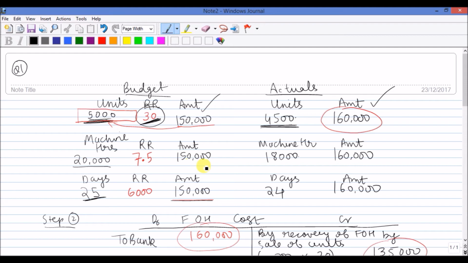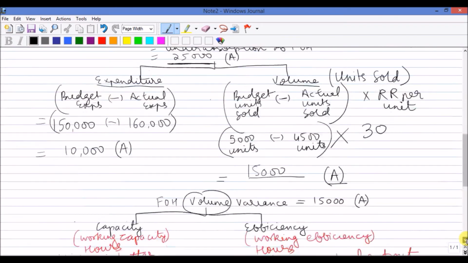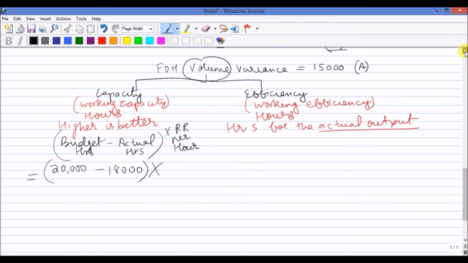Budgeted hours are 20,000 hours, actual hours are 18,000 hours, and the recovery rate per hour is 7.5.